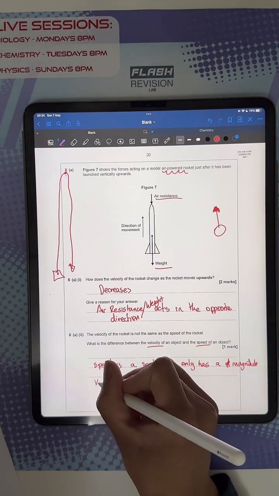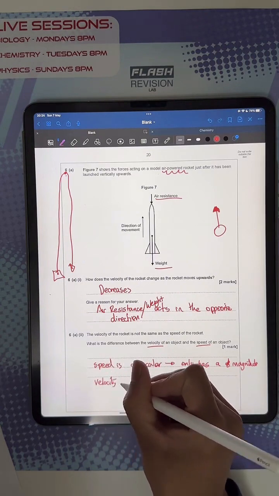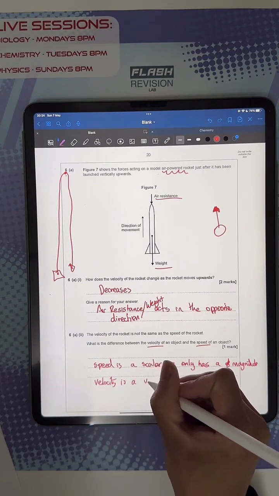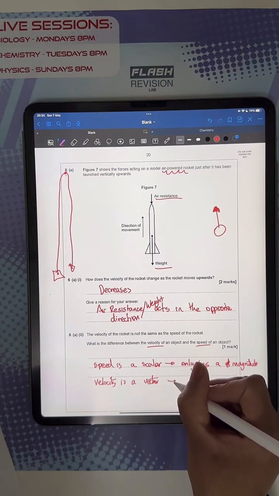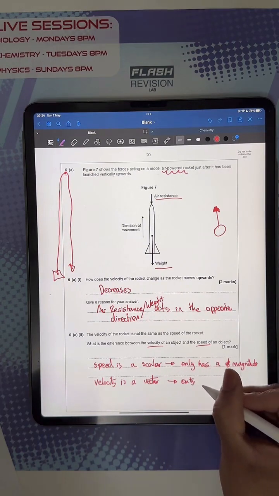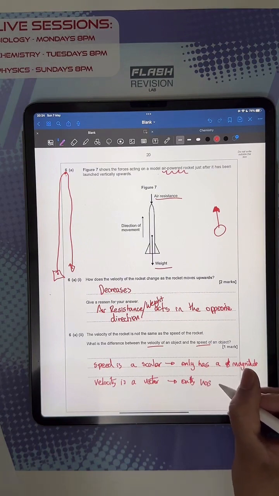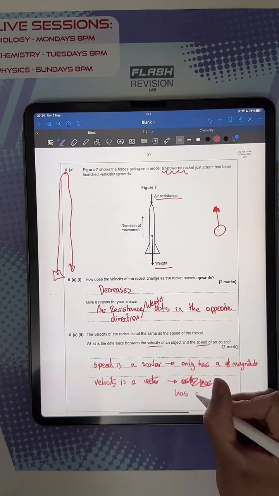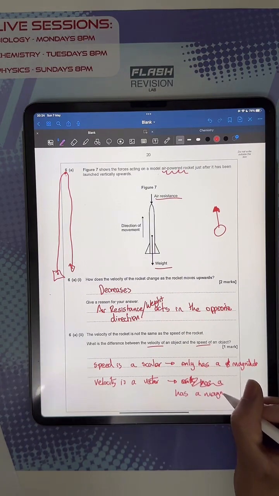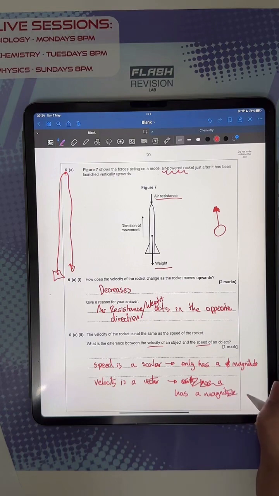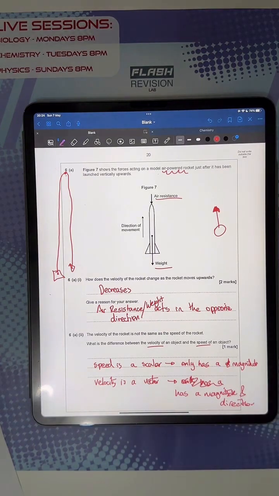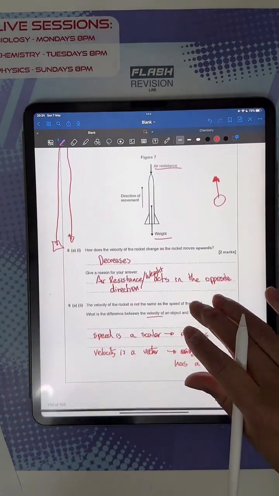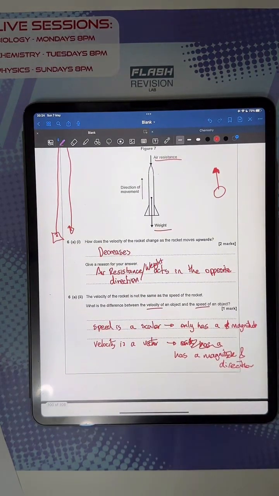And then velocity is a vector, it has a magnitude and direction. That would be your marks. This is combined and triple. All of this, everyone needs to know.